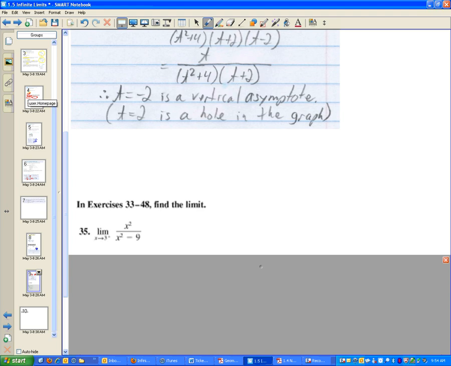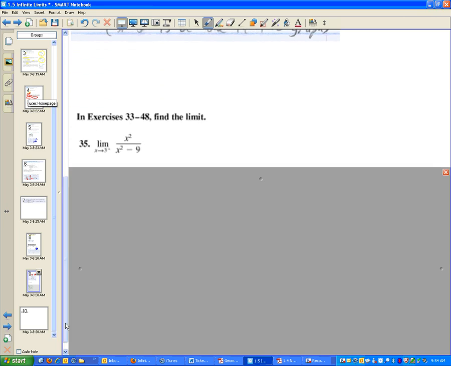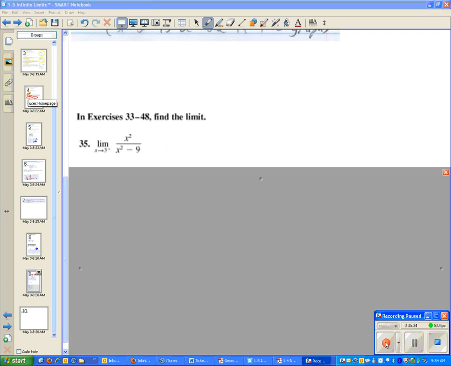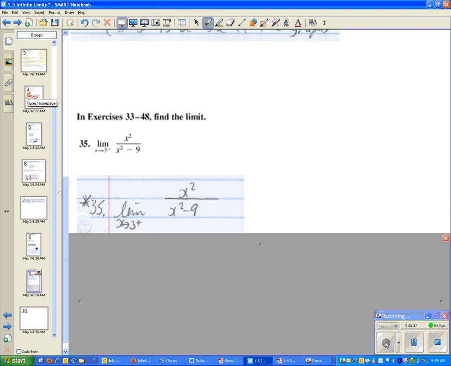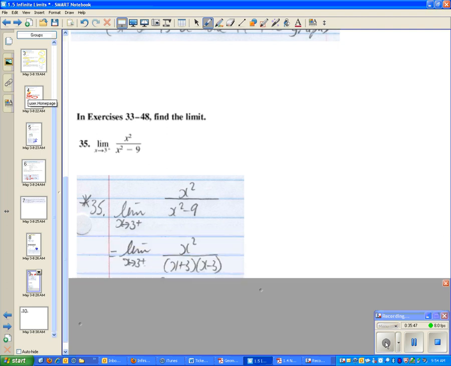All right, let's take a look at 35. Find the limit of x squared over x squared minus 9 as x approaches 3 from the right. If it's factorable, factor it. So we do.